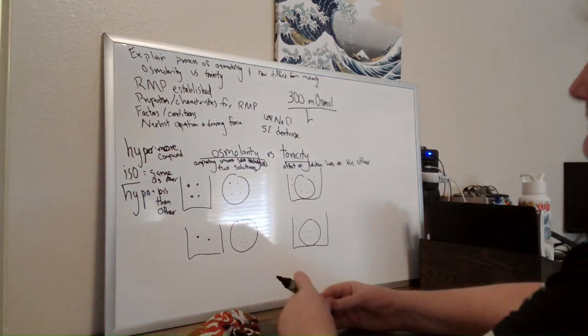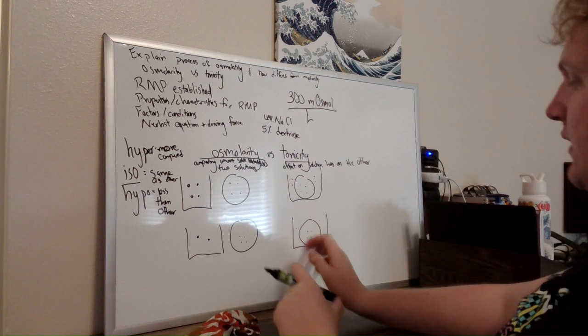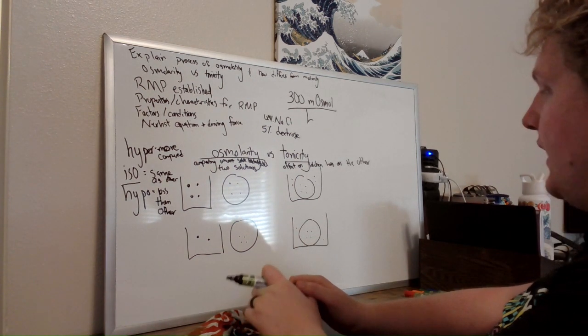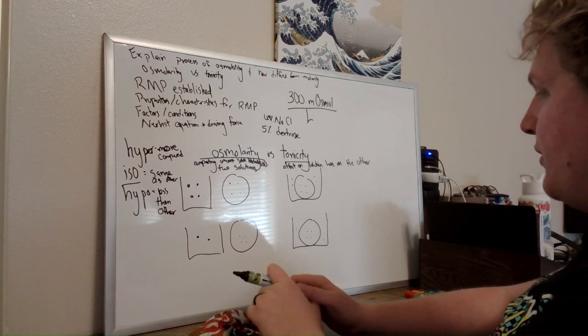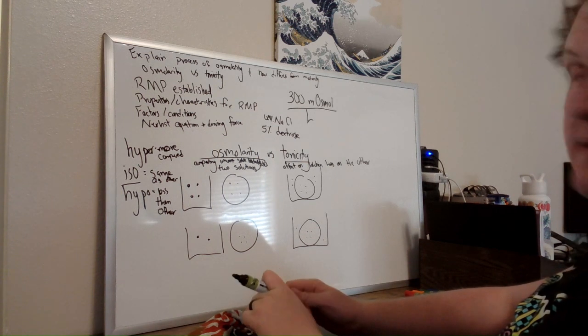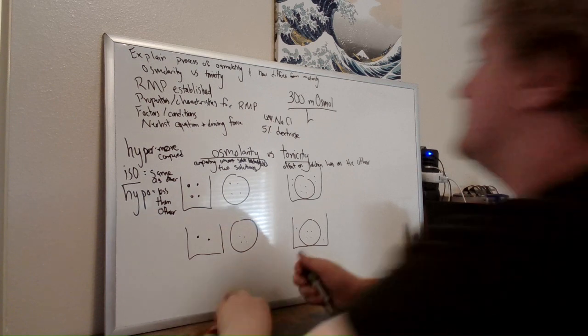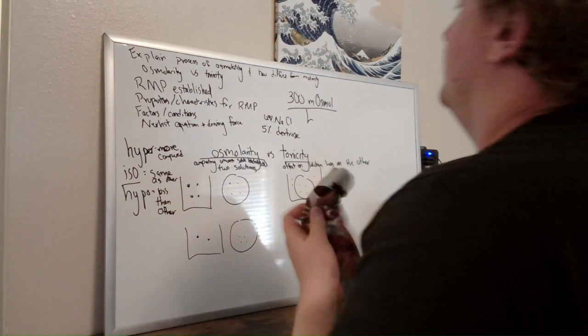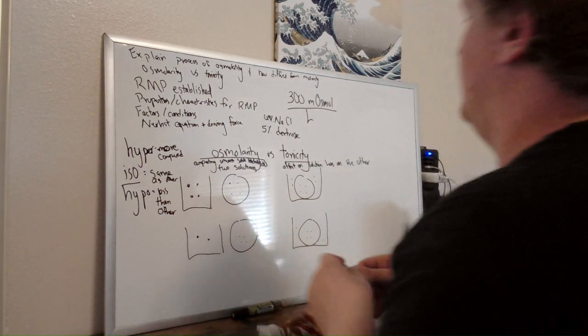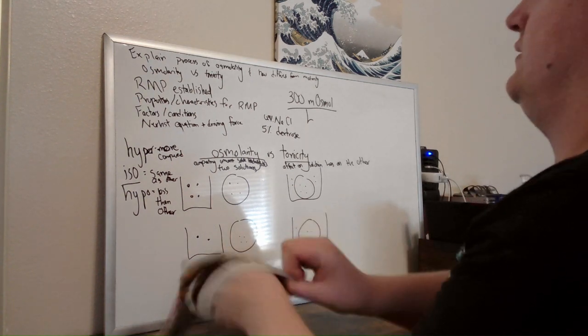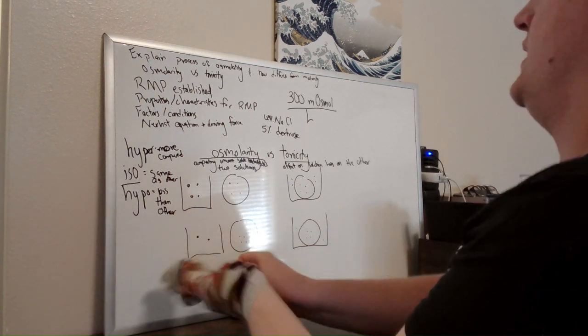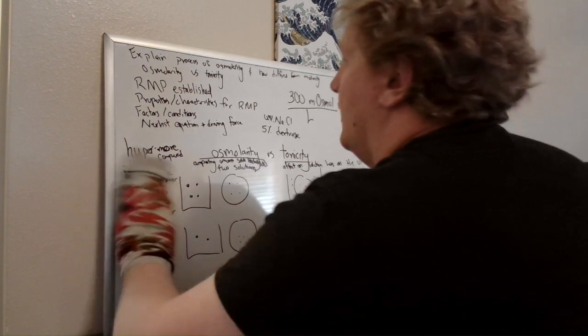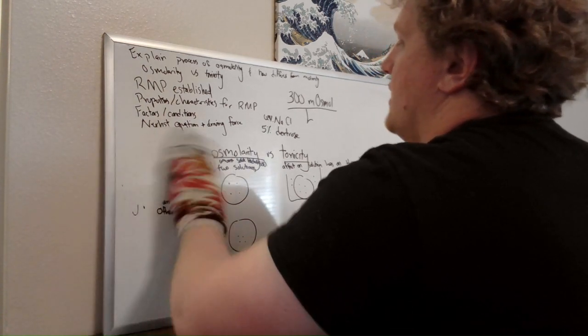If we did this, we would say that the cell is hypertonic compared to its solution. So when we're talking about tonicity and the effect of those other equations, we have to take into account the permeability of these compounds.